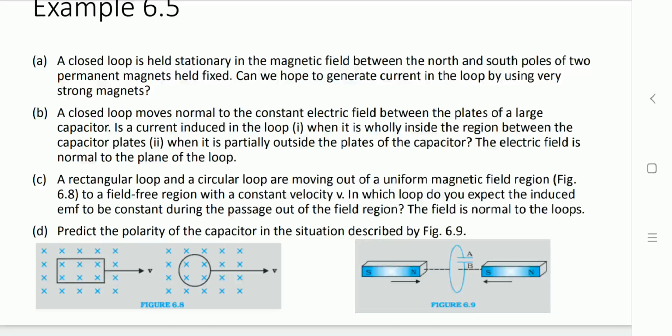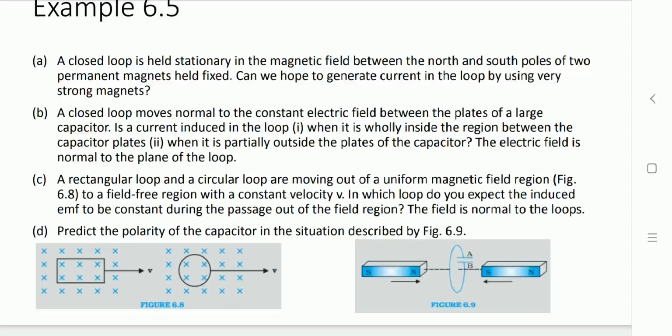Obviously, flux depends on the magnetic field, the area, and the angle between these two. So we can say that the flux directly depends on the area. The rectangle gives you a constant rate of change of area, whereas in the circular loop the rate of change of area changes at each point. So we can expect a constant induced EMF in the rectangular loop.